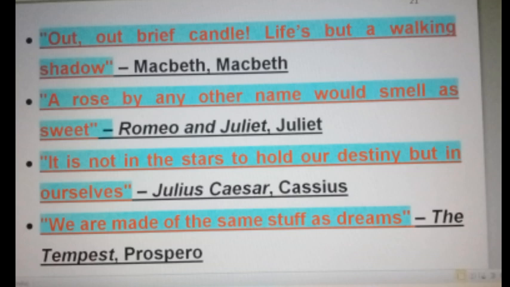A rose by any other name would smell as sweet. A line from Romeo and Juliet, spoken by Juliet. It is not in the stars to hold our destiny, but in ourselves. Spoken by Cassius in Julius Caesar. We are made of the same stuff as dreams.